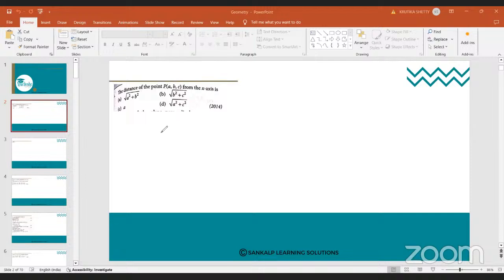So it is just like calculating the distance between the point (a, b, c) and some arbitrary point Q lying on the x-axis, which will be (a, 0, 0).